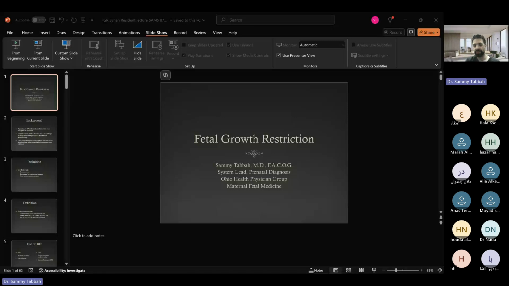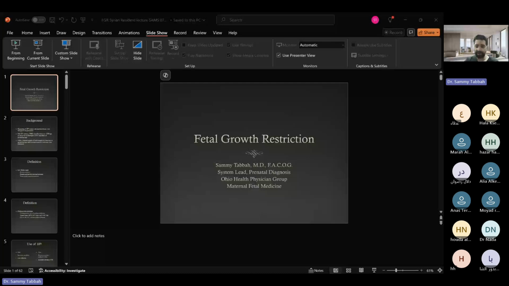And then it wasn't until the 1960s that there were detailed graphs of birth weight as a function of gestational age that were identified, and then they could associate that birth weight with adverse outcomes depending on what gestational age of delivery is present.